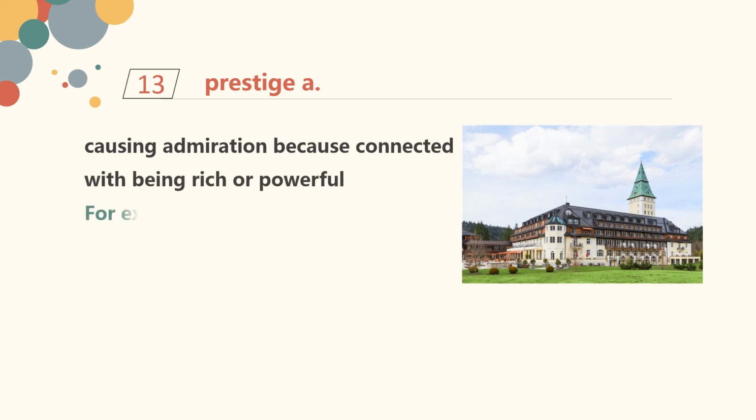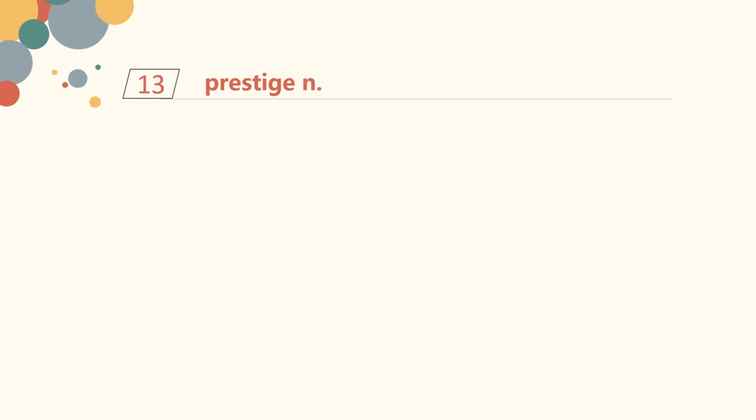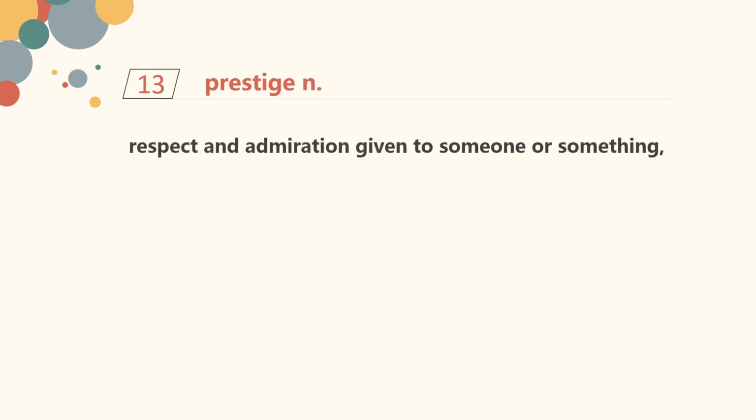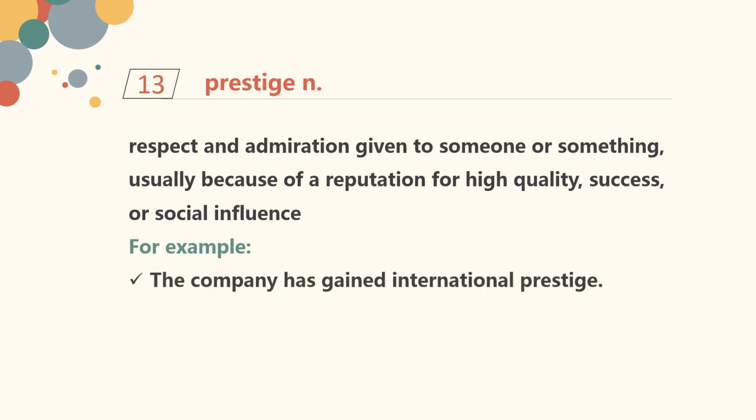A prestige address, we can say a prestige car, a prestige job, or a prestige label. Respect and admiration given to someone or something, usually because of a reputation for high quality, success, or social influence. The company has gained international prestige.